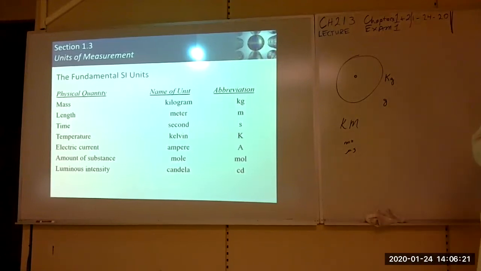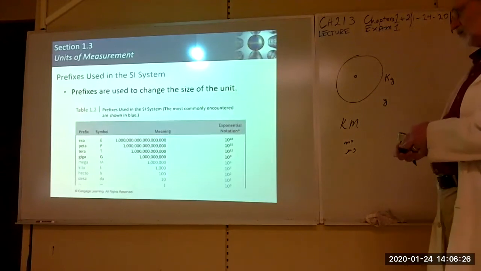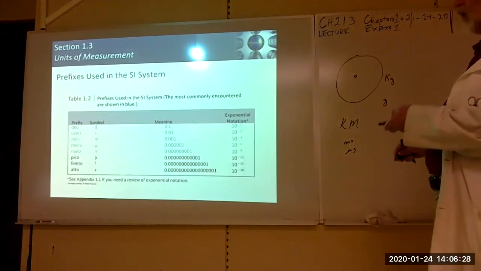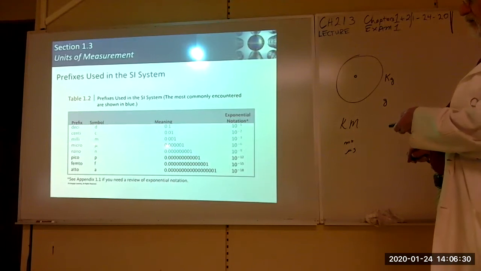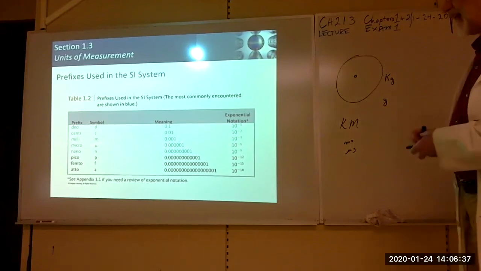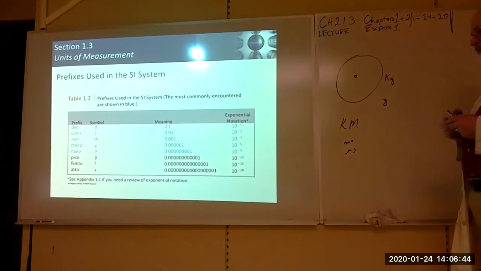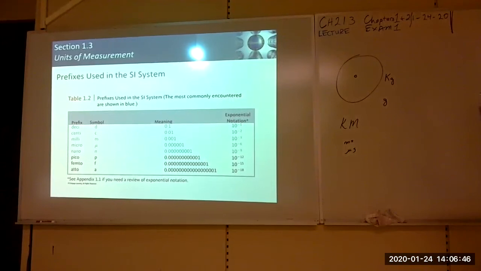Micro, that's the Greek letter mu for micro, 1 millionth of a second, 10 to the minus 6th. Nano, everybody knows about nanotechnology, 10 to the minus 9th, or a billionth. Pico, 10 to the minus 12th. These are the main ones you need to know.